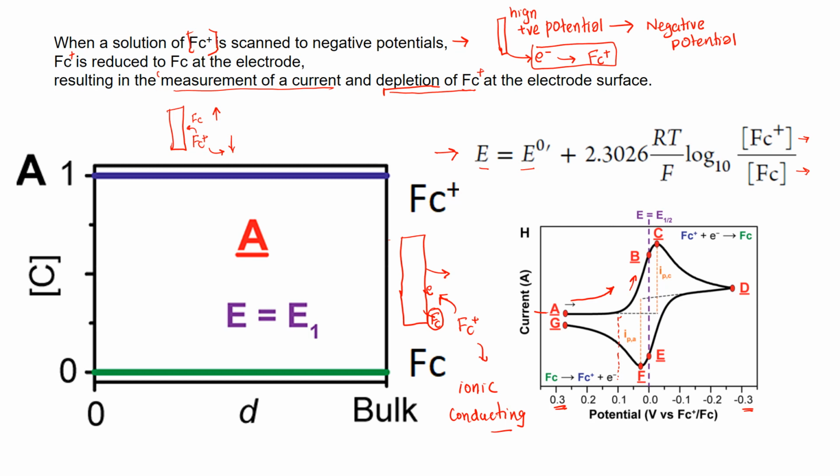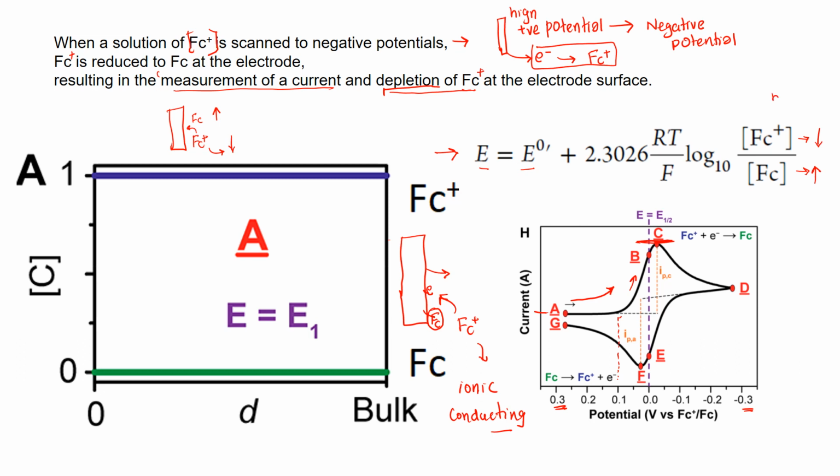As you decrease the potential to minus 0.3 or somewhere here at 0, there is a depletion of what? Fc plus. So Fc plus is decreasing and Fc is increasing, and at this point where there is a peak, both of them will become the same.